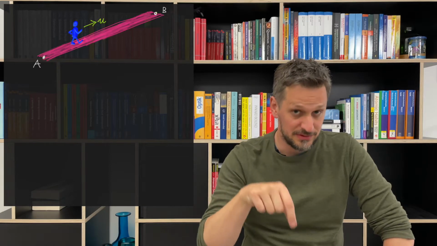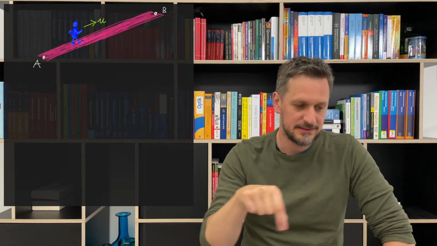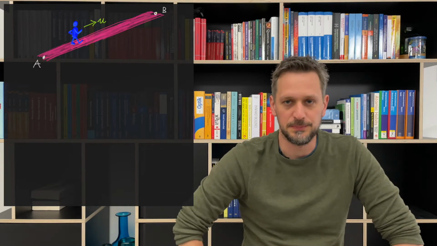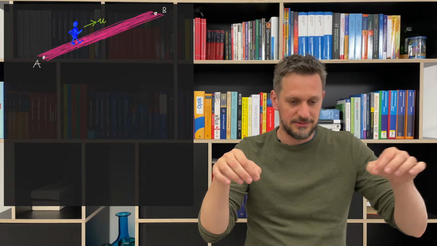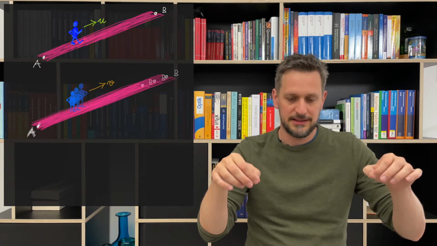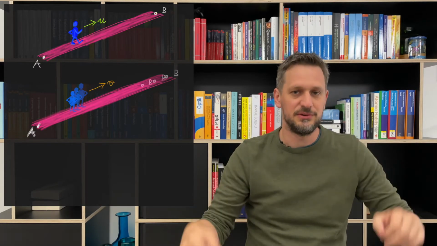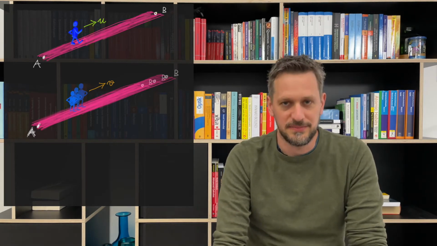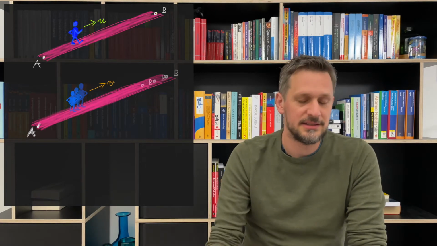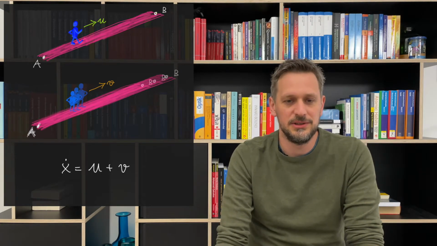First, his own movement on the belt, which is a constant that was given, and I'll just call it u. And secondly, because the belt is stretching between the 2 points, it will elongate and also carry the person standing on the belt forward. And this speed I will call v. So we have our first equation, x dot is equal to u plus v.